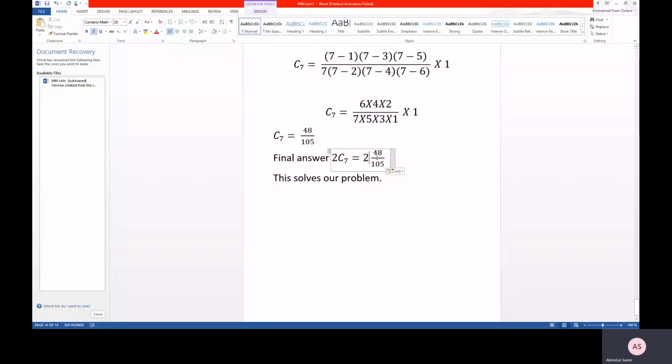So this gives us 96 over 105. Our problem. So this integral, where is it again? The answer to this integral is 96 over 105.